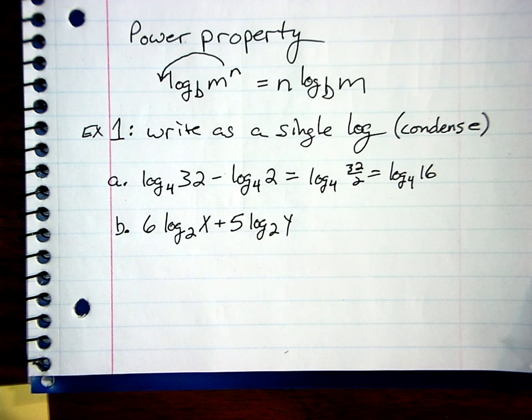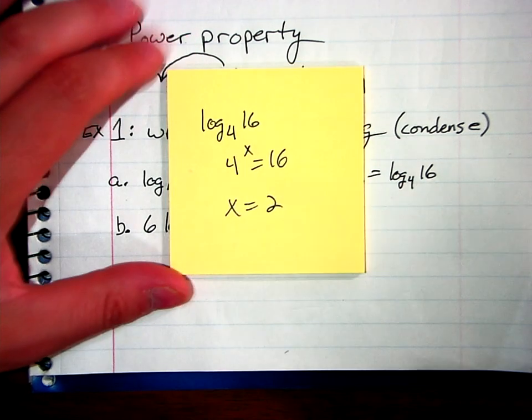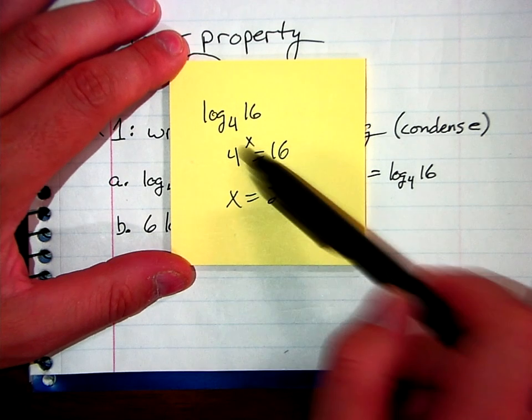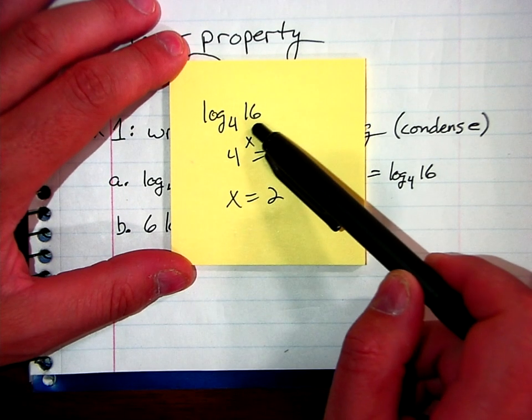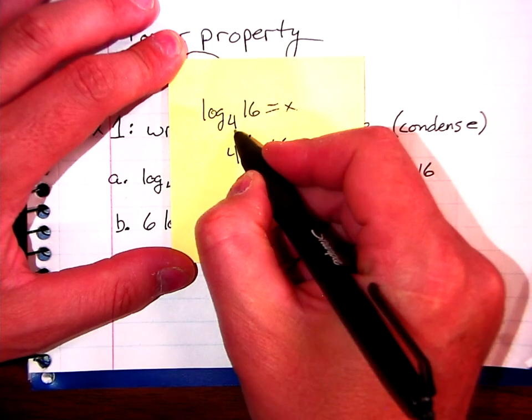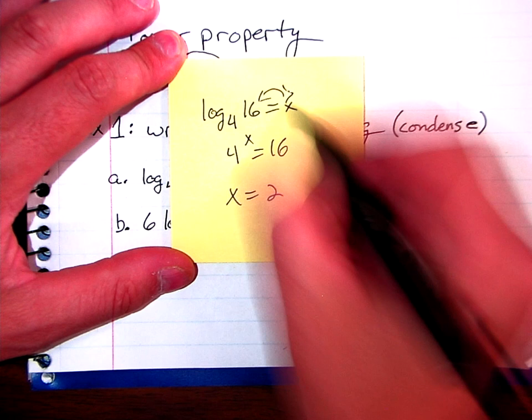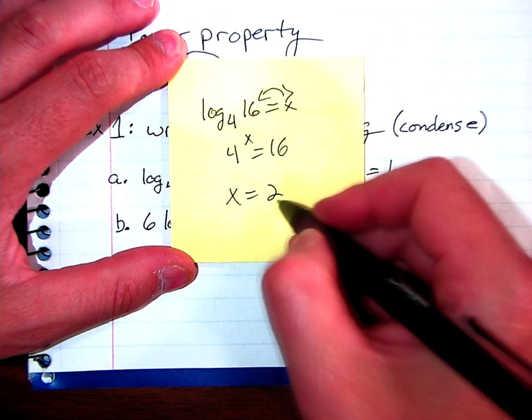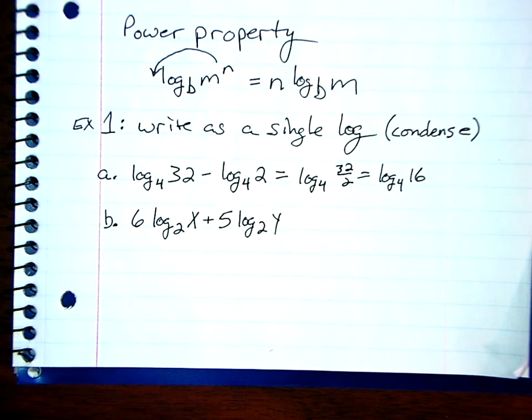Hold on. We could actually solve the last one. Log base 4 of 16 equals x. Remember, the base stays the base and then we swap those two. So 4 to the what is 16? 2. But we don't want to solve that. Too much brain power today.